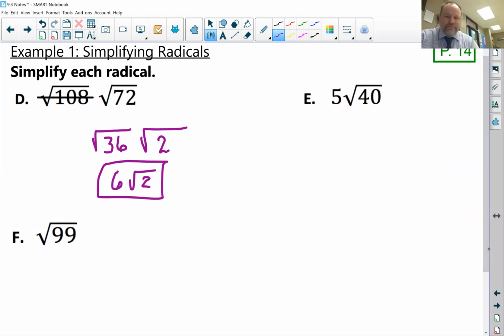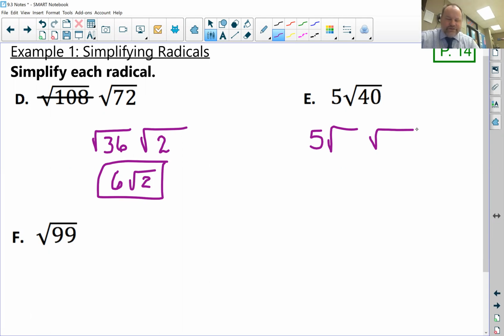Next, 5 times the square root of 40. So now I have that 5, and I've got the possibility of perfect squares and non-perfect squares. The largest perfect square that's less than 40 would be 36.